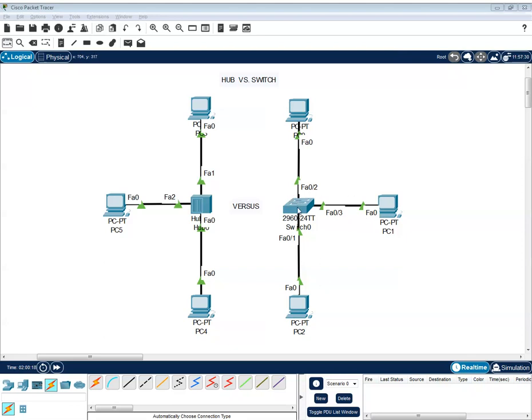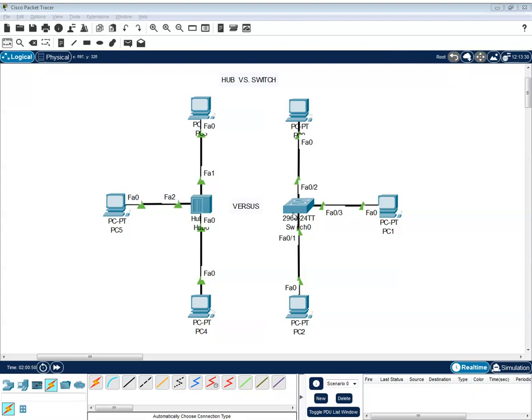Let's say, for example, if this computer wants to communicate with this computer, the switch will record and register its MAC address, and it will create a dedicated connection between the sender and the receiver, allowing simultaneous communication between multiple devices without interference.